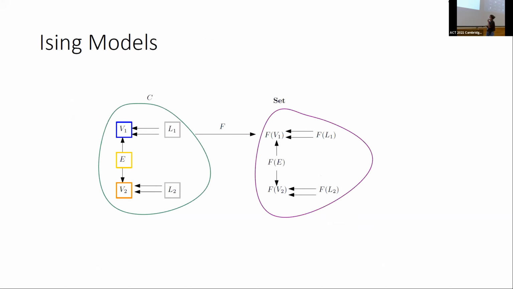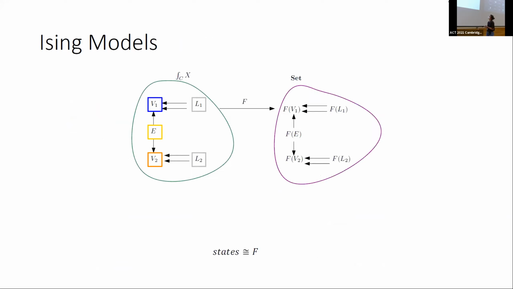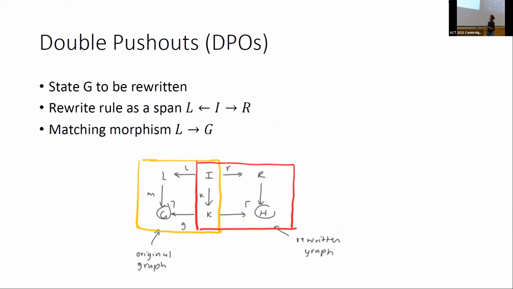Our states are isomorphic to these functors from the schema into Set. Then the rewriting part, which you can think of as the actual time simulation, is going to be this double push-out. We have two push-outs, the one on the left and the one on the right, and at the top you have the span, which is the rewrite rule.